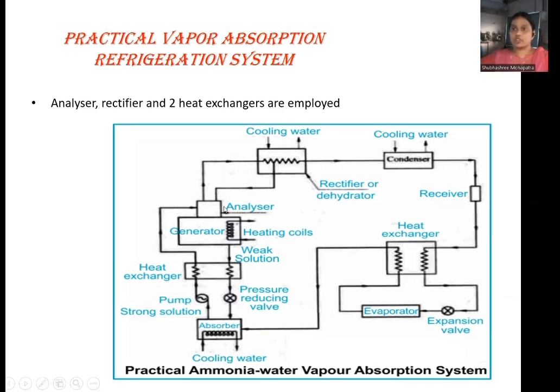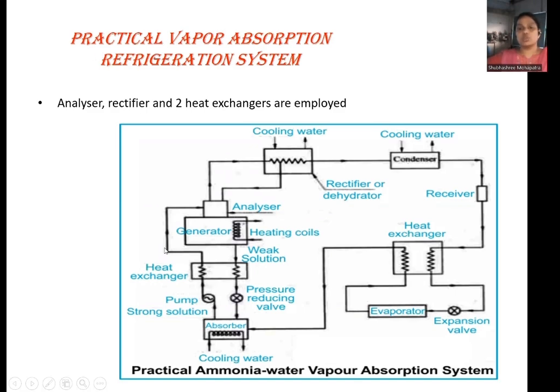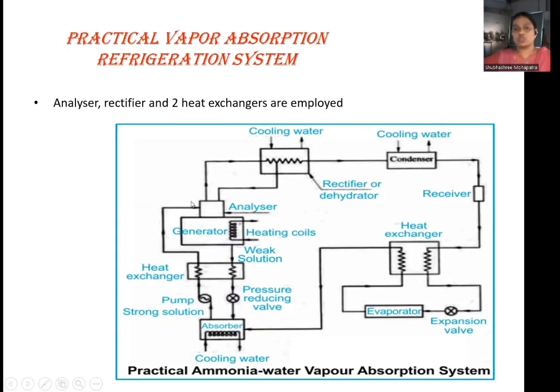Next comes the function of the analyzer. The analyzer is mounted on top of the generator, and it has a series of trays. The strong solution from the pump is supplied to the top of the analyzer. This strong solution then comes to the generator by passing through a number of trays.